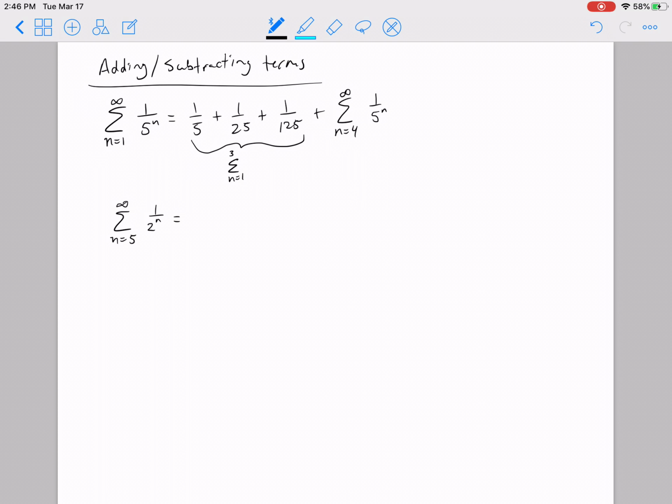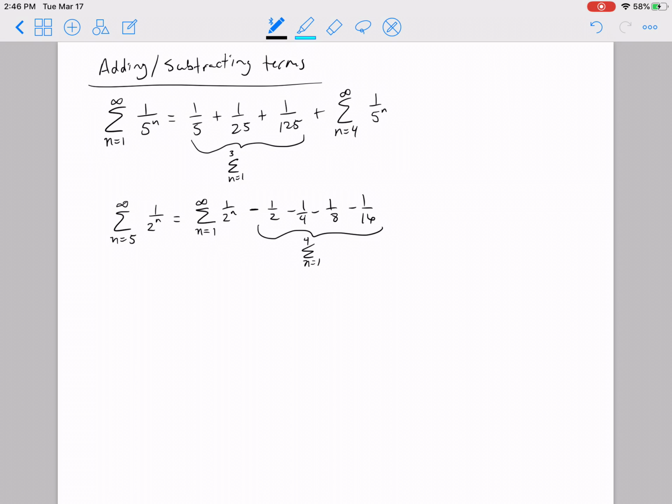This one, we started at n equals 5, but we can start at n equals 1 to infinity of 1 over 2 to the n, and then we'd have to remove the n equals 1 to 4 terms. So we'll do minus 1/2, minus 1/4, minus 1/8, minus 1/16. This part right here is our sum from n equals 1 out to 4.